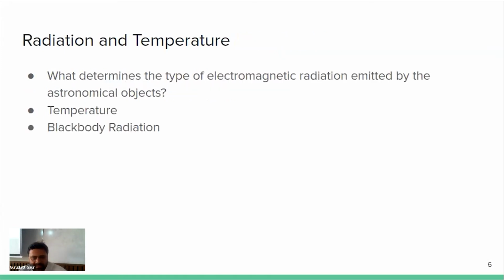But before really going to that, let us discuss one very important phenomenon. Is there any connection between radiation and temperature? Yes. Do you remember that important curve or phenomenon? Yes, the black body. Black body radiation, right? So what determines what kind of electromagnetic radiation will be emitted by astronomical objects? You can look at the black body spectrum or radiation diagram and see where it peaks.